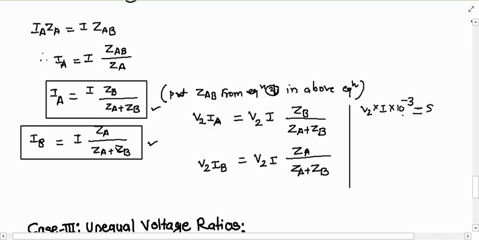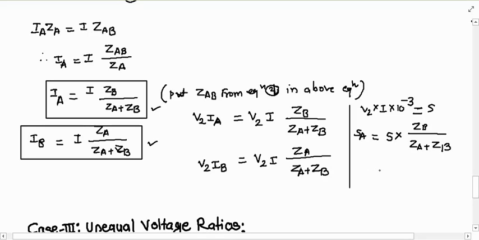That is nothing but the kVA rating or apparent power, the combined load kVA of the parallel combination of the two transformers. Then this is the kVA carried by transformer A, and this is the kVA carried by transformer B. Hence I can write SA, the kVA rating of the first transformer, from this equation, as S into ZB upon ZA plus ZB, right?